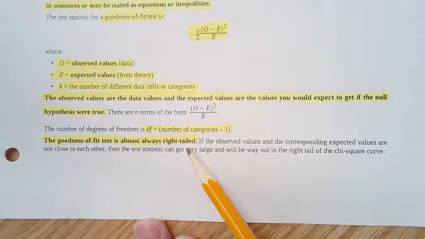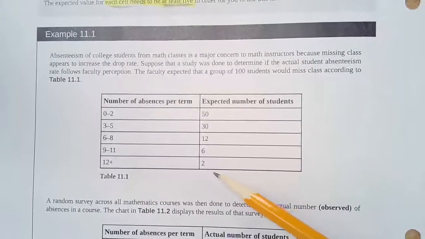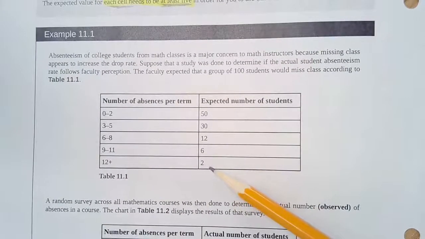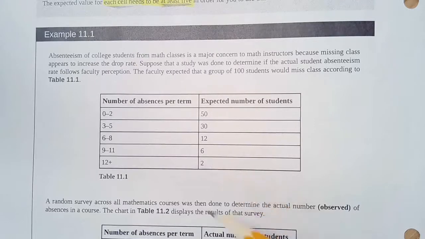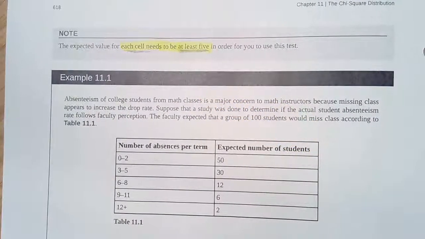Now, the special note up here, on page 618: each cell needs to have at least 5 in order to use this test. You'll notice on this one right here it's 2, but they adjust this, and I'll walk you through that in a minute. Just remember that each cell needs to be at least 5.